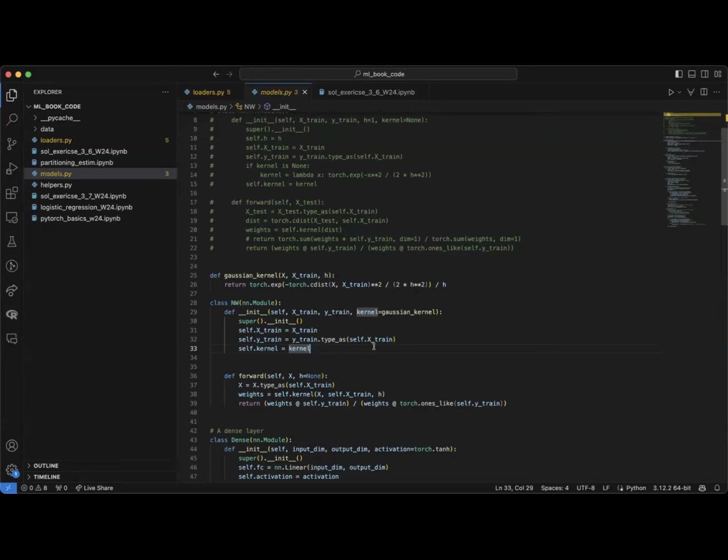In a previous version, the bandwidth was baked into the model. Now I'm just passing it in the forward pass because this simplifies selecting the bandwidth, so I don't have to re-initialize. If the training data is big, this is done once, and then I can apply the model with different bandwidths by passing them in.